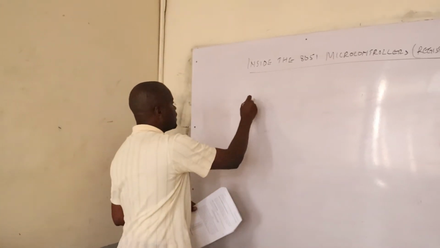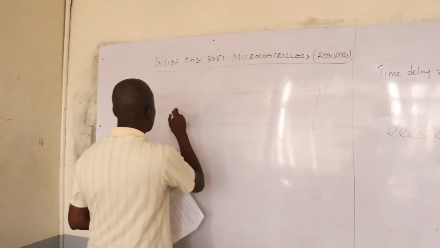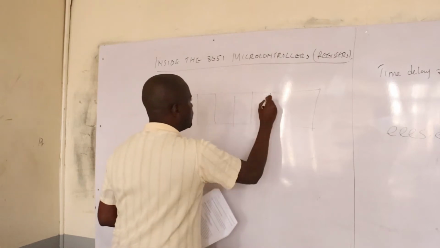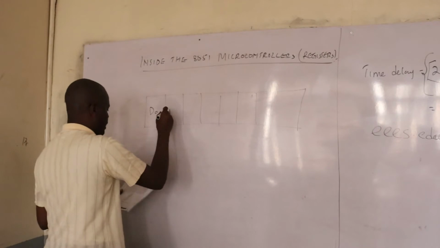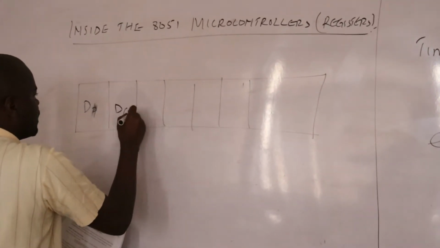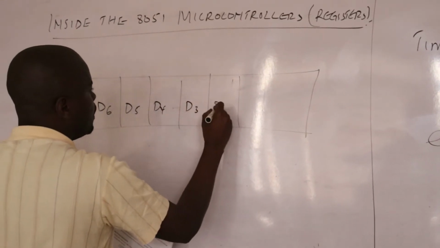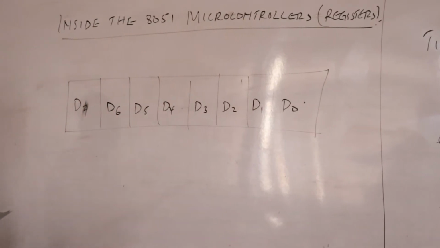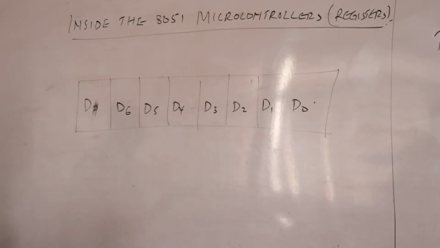So when you say it is an 8-bit register, the structure looks like this. Here we have D0. We usually start with the MSB, D7, D6, D5, D4, D3, D2, D1, and D0. And this is what we usually have for the register of the 8051.